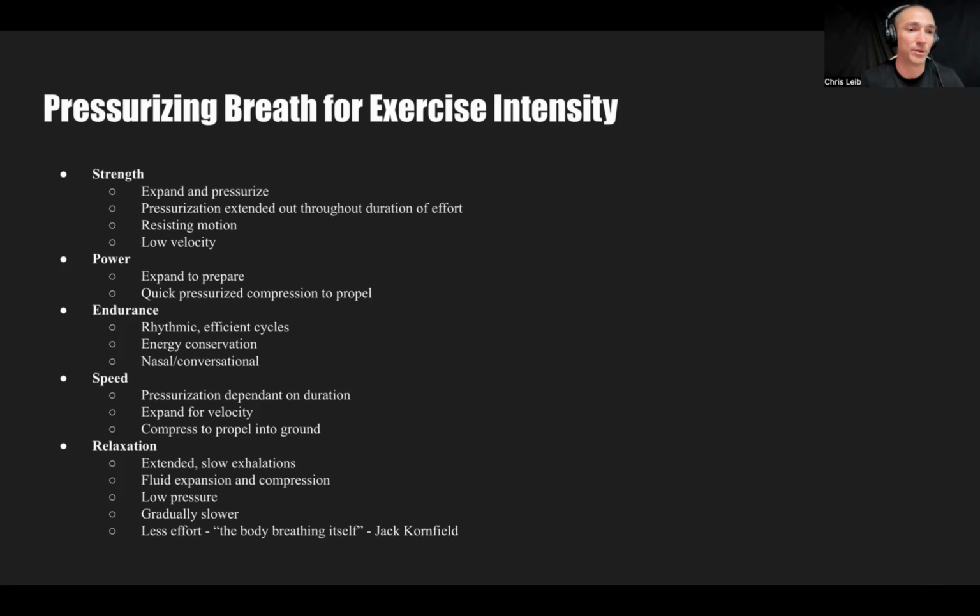So if you get into a place where you are really just mindful of the breath and you're just observing it, you're not doing the work, and you realize that you're really not doing the work that you think you are with the breath anyway, because it is always at play to keep you alive, and we can control it in some ways. We have voluntary control over it, but then there's many times that we want to relinquish that control. So if we can get to that point where we just notice the body breathing itself, to me, that's like the ultimate relaxation response when it comes to breath.